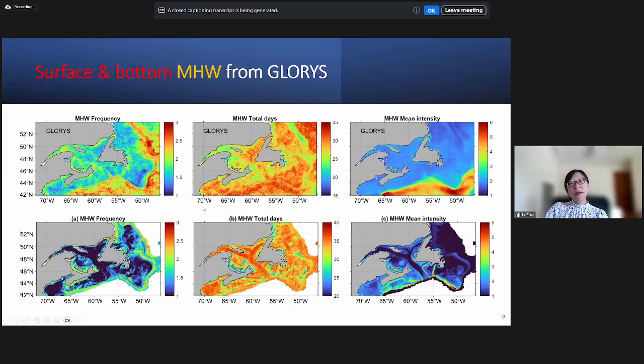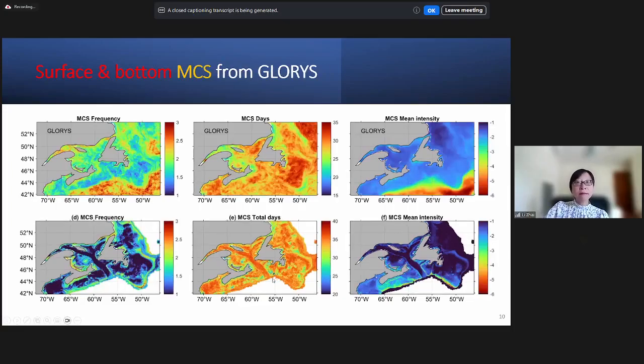At the surface, you have air-sea heat fluxes, which are more efficient at accumulating and dissipating heat in the upper water column, whereas at the bottom, the heat waves are more affected by advection processes, which occur at much longer time scales.